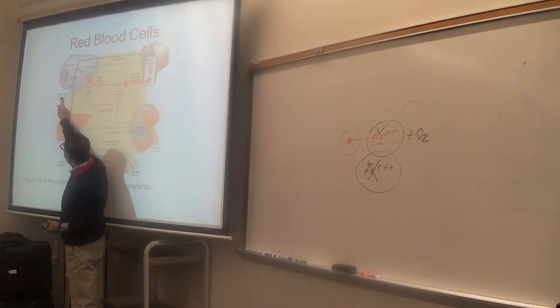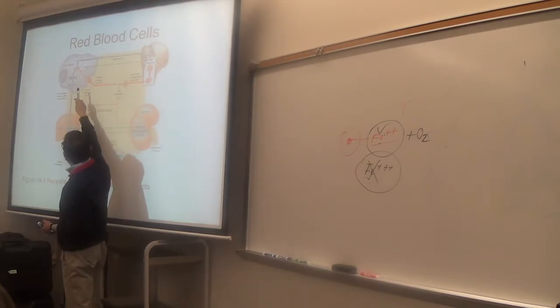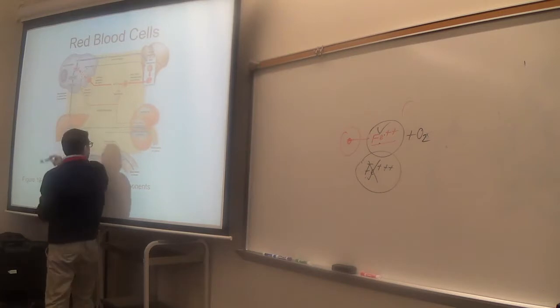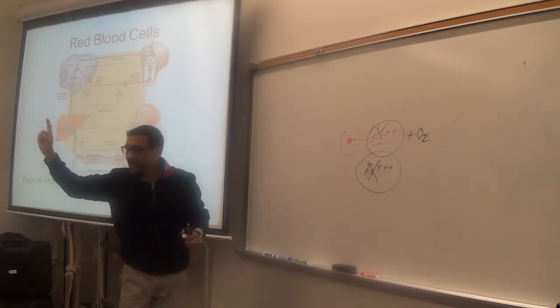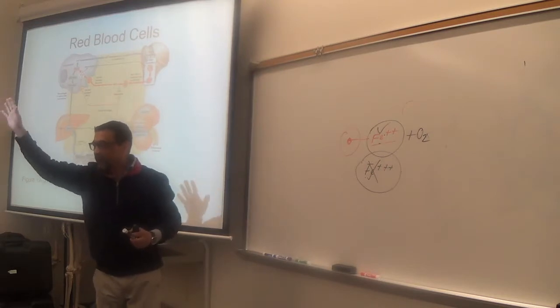Here you see spleen or liver. So, this is the red blood cell, aged or old red blood cell. It is engulfed by the macrophage, and the heme and globin part you see here gets separated. Hemoglobin has 2 parts, remember? Heme and globin, right? And globin is amino acid 4 chains, 2 alpha, 2 beta.